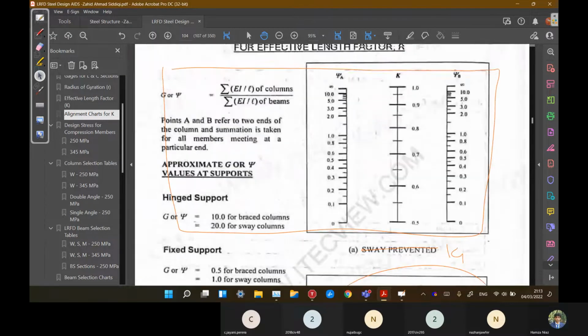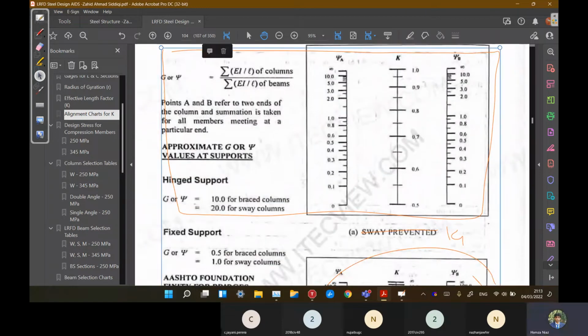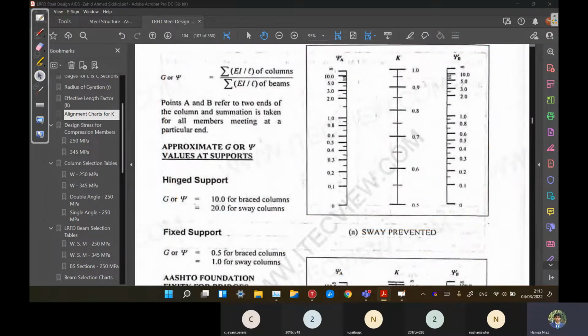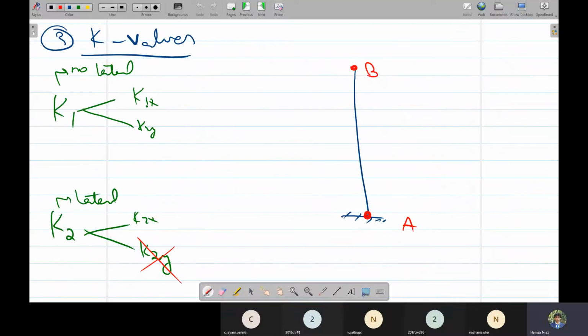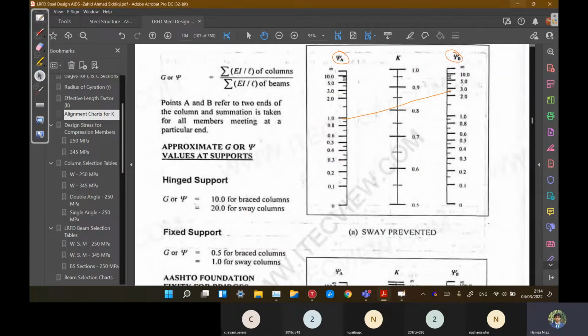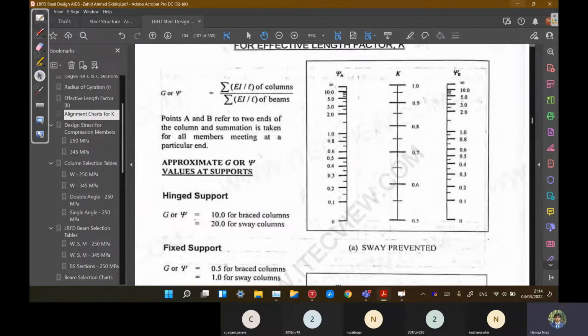So the formula is, we have to calculate psi A at point A and psi B at point B. Then we can join the values and check what our K value is. So this is how we are going to find our K value.